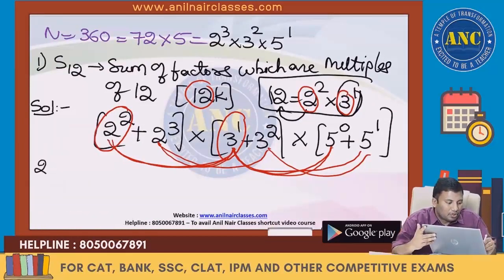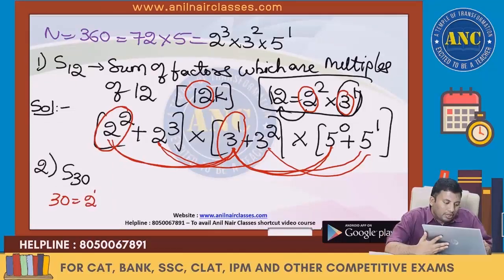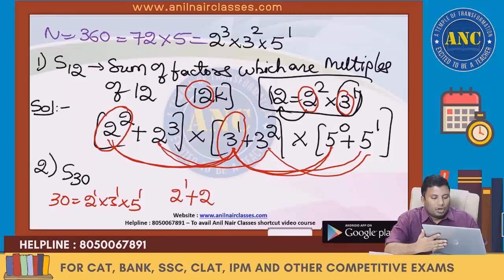Second question. Sum of the factors which are multiples of 30. 30 is nothing but 2 into 3 into 5. So minimum power of 2 should be, it should start from 2 power 1. 2 power 1 plus remaining all the powers till 3. 2 power 1 plus 2 power 2 plus 2 power 3.